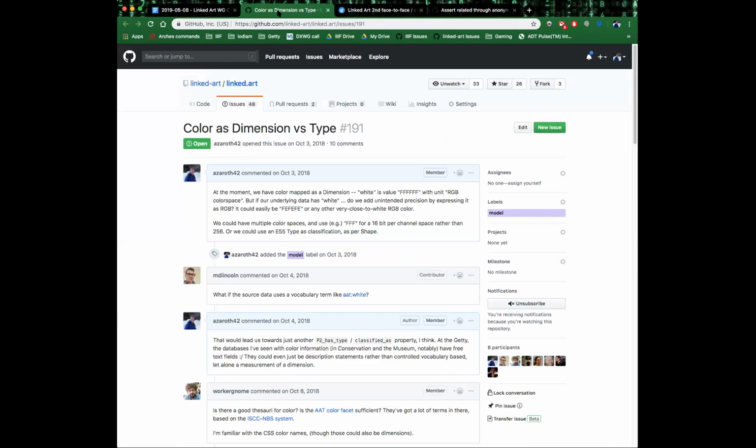I suggested that we could do both together, meaning we could have a dimension for color, which if you don't have an absolute value for, then you simply don't list the value. And as well, you would have P2 has type, or classified as, a classification of that dimension.